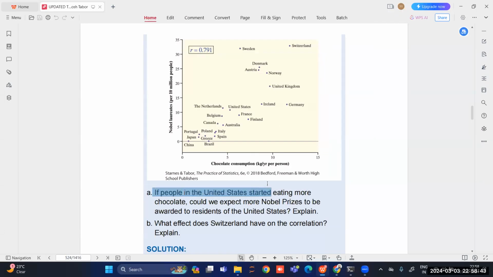If the people in United States started eating more chocolate, could we expect more Nobel Prizes to be awarded? Come on, tell me the answer. There's a pretty strong correlation though. You could say there is a strong relationship.